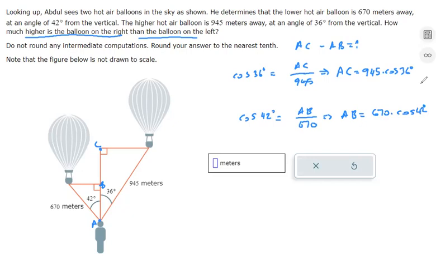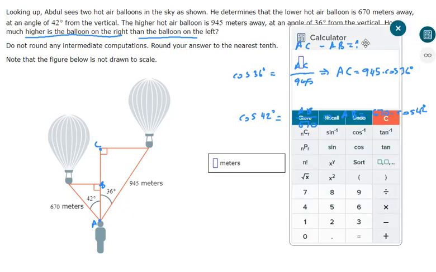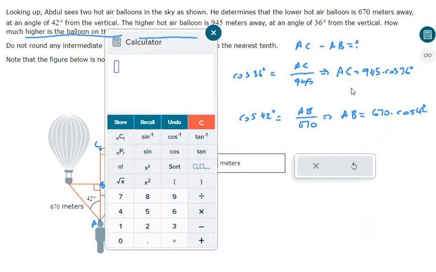Okay, so now if I want to take the difference between these two numbers, I can just plug them into the calculator, so I will get what I want. So AC is 945 times cosine 36 degrees.